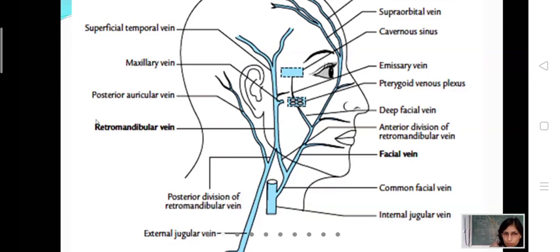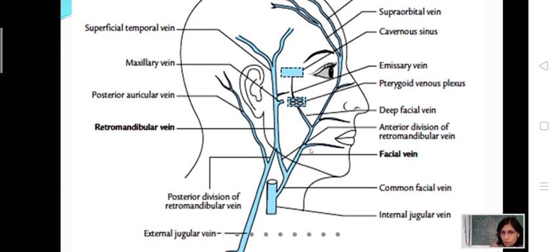Then as it emerges through the parotid, it divides into an anterior division and a posterior division. This retromandibular vein, which is formed by the joining of the superficial temporal vein and maxillary vein, as it emerges through the parotid gland, divides into an anterior division and a posterior division.